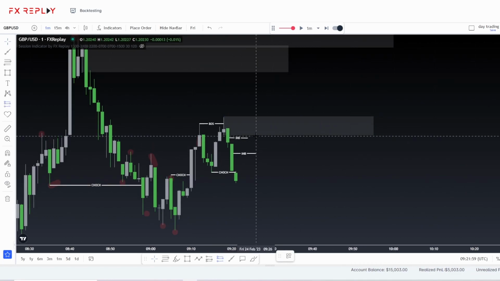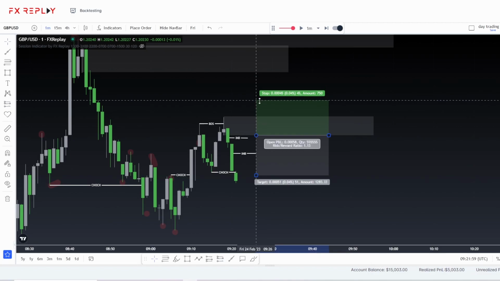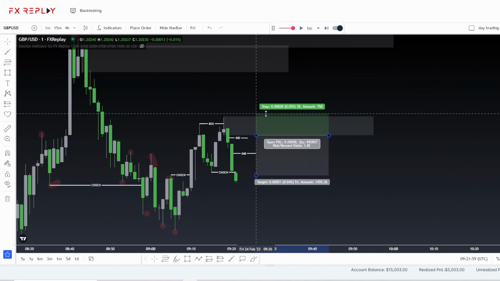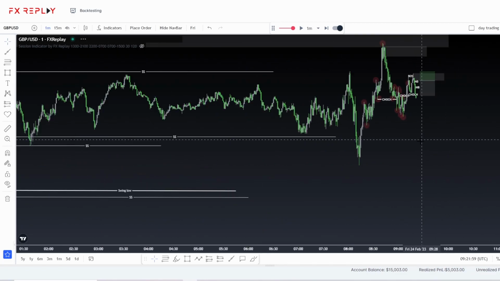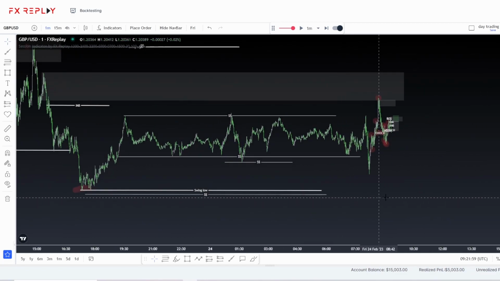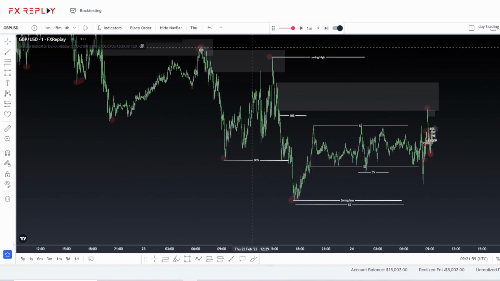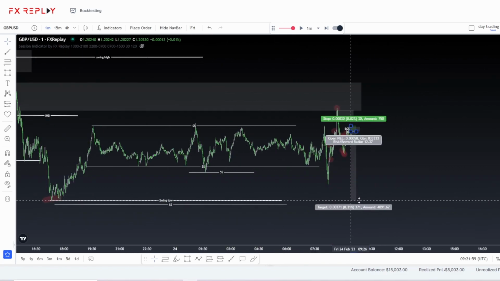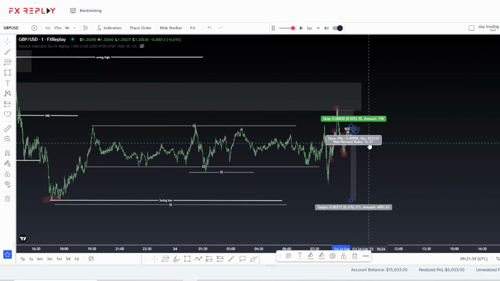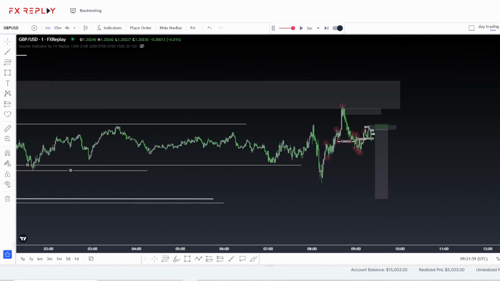We would enter a short position with the entry at the bottom of the box. Stop loss just above, go with a 3 pip. And where are we targeting? As always, we're going to target the 15 minute low and follow the structure. Just there, which will give us a 1 to 12 risk to reward ratio.